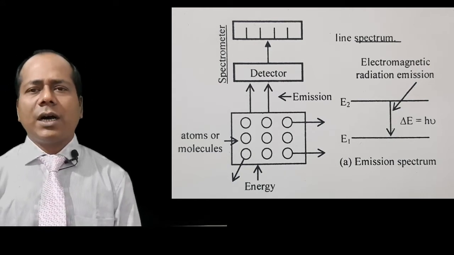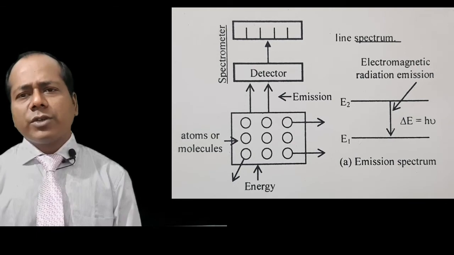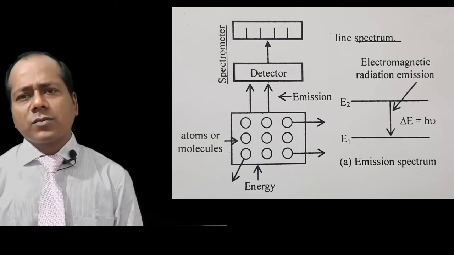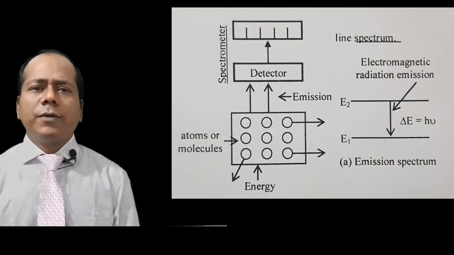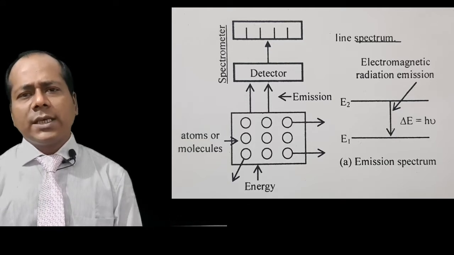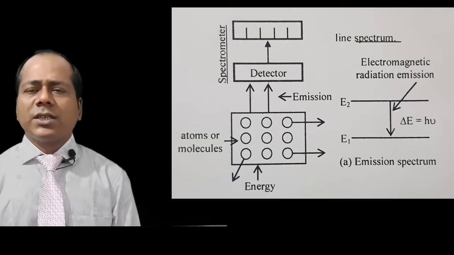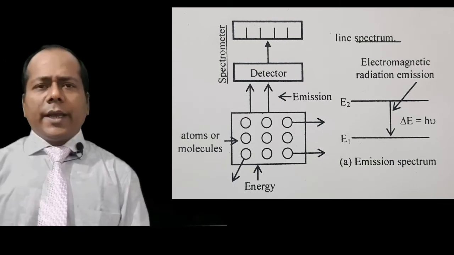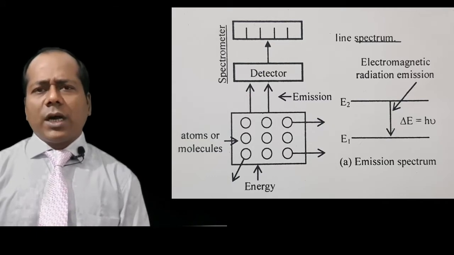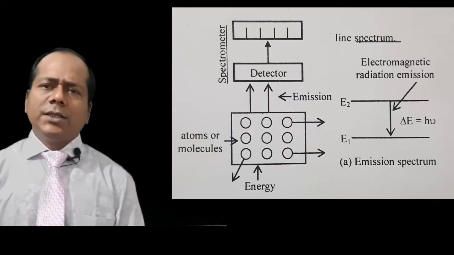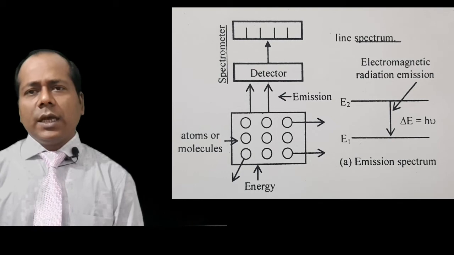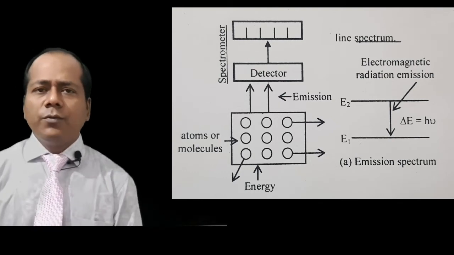Line spectra are unique characteristics of elements because the atom of each element possesses a unique electron configuration which gives rise to characteristic line spectra. By analyzing the line spectra, it is possible to identify elements.